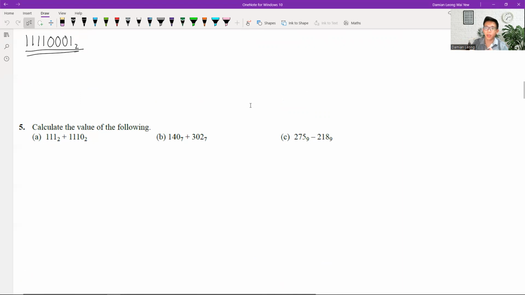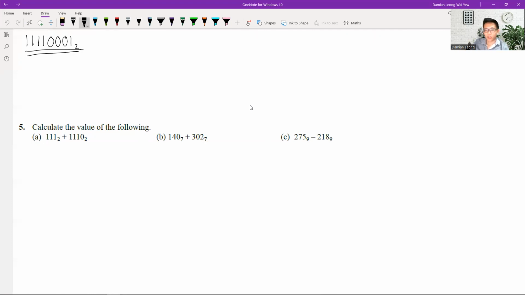The best way of doing it is by putting it in vertical addition and vertical subtraction. Don't worry about multiplication and division. They won't ask you. Addition and subtraction in the different bases: put in the vertical addition or vertical subtraction form.